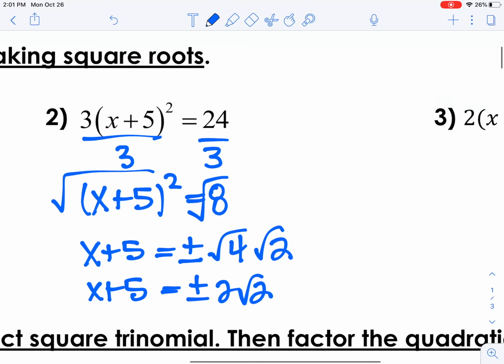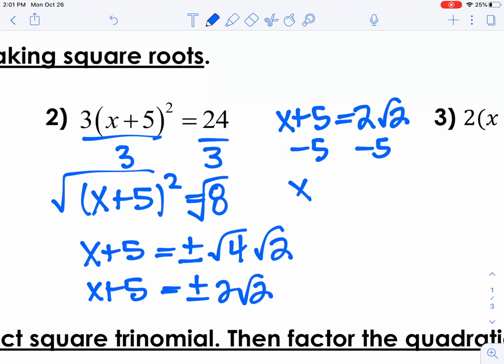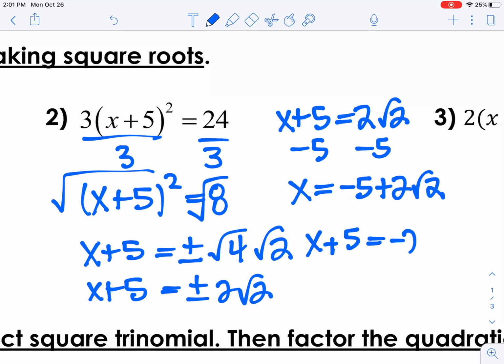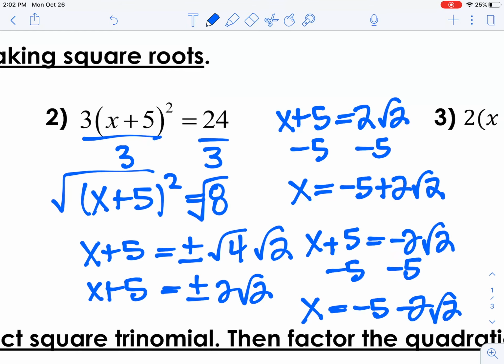Then we still write our two equations. x plus 5 is 2 radical 2. We subtract our 5, x is negative 5 plus 2 radical 2. Then we have to do the negative case. x plus 5 is negative 2 radical 2, so x is negative 5 minus 2 radical 2.